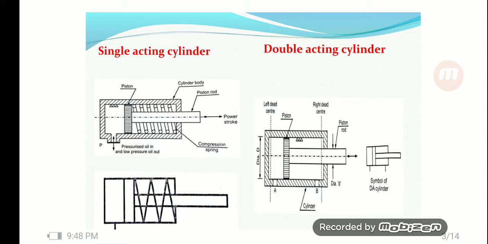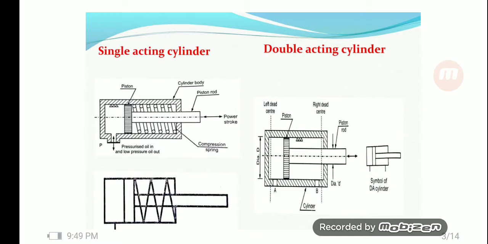Double acting cylinders are used for forward as well as reverse strokes. To control both strokes, double acting cylinders are used. The casing contains two ports, A and B. When A acts as an input, B acts as an output. At the return stroke, B acts as an input while A acts as an output.